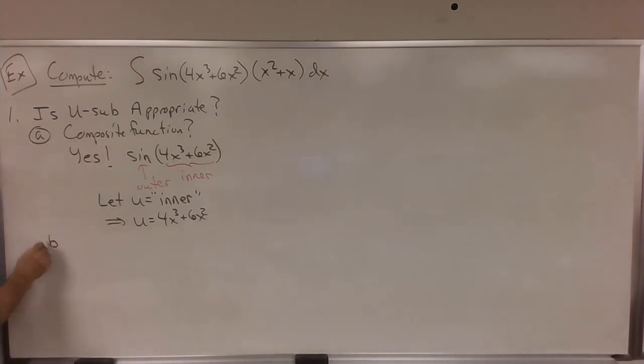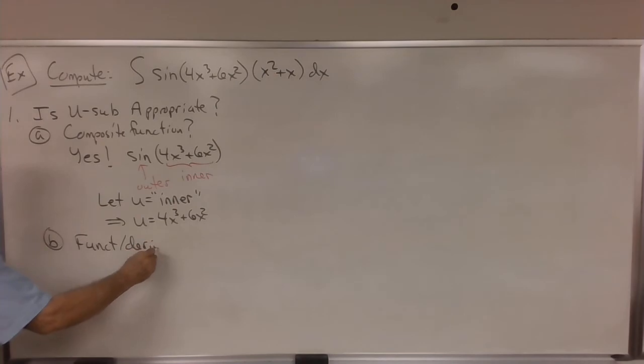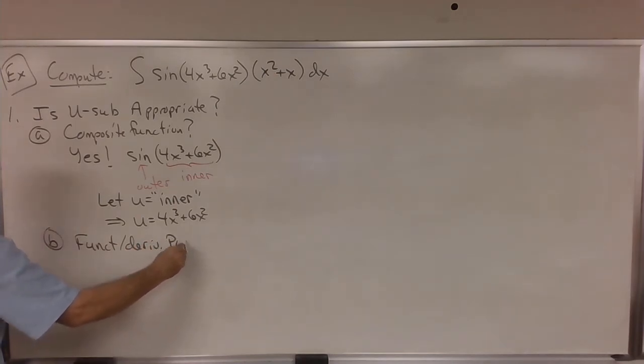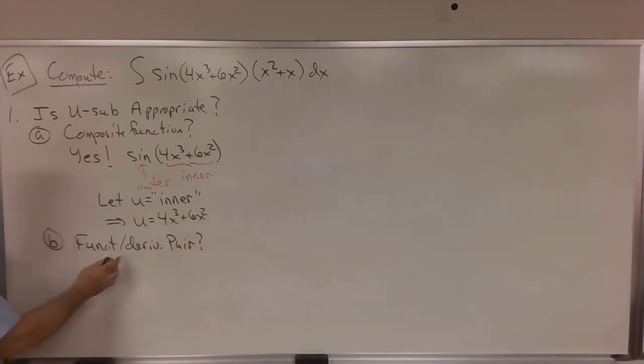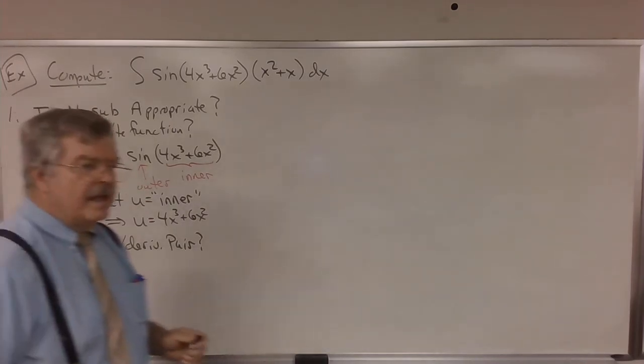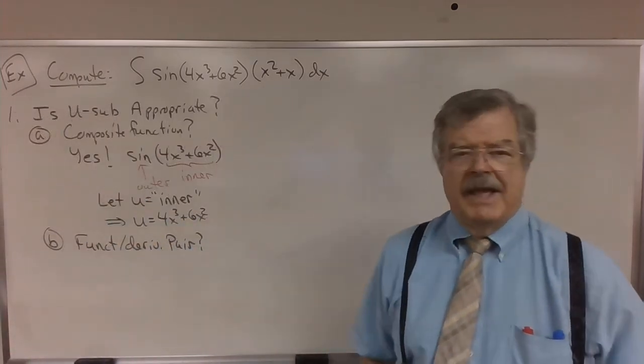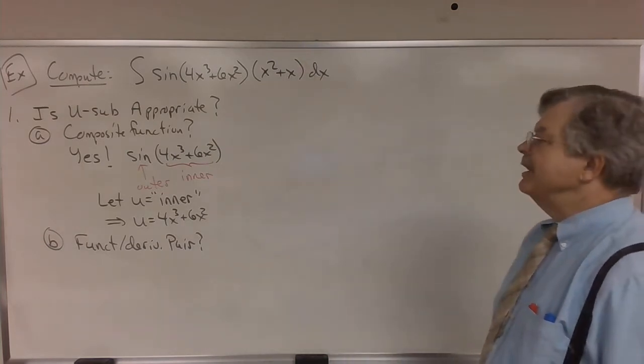And we go now to criterion B. We're looking for a function derivative pair. Do we have a function derivative pair? And we have to stop and be honest and say, you know what, we don't.